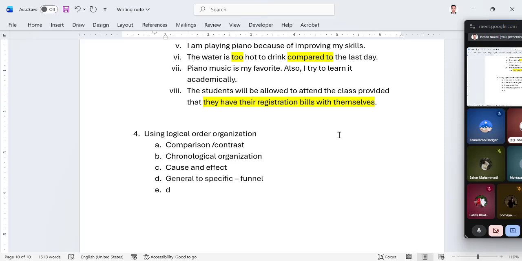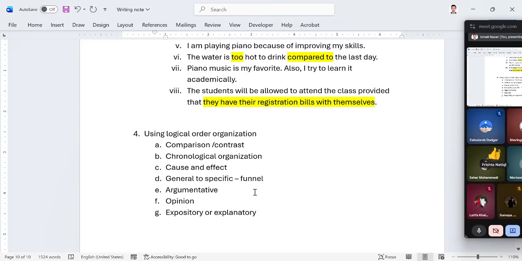We may have argumentative organization. We may have opinion, that's another important thing. We may have expository or explanatory organization. So they are the types of organizations that we might have.